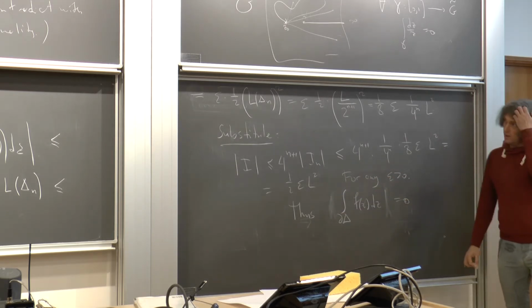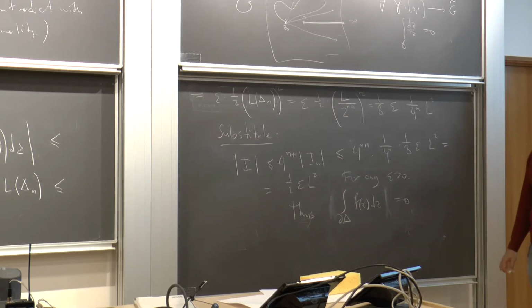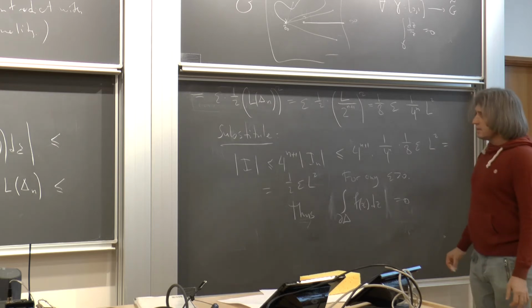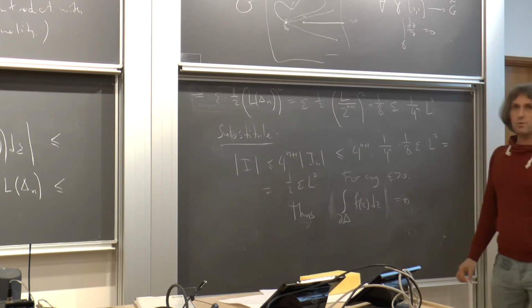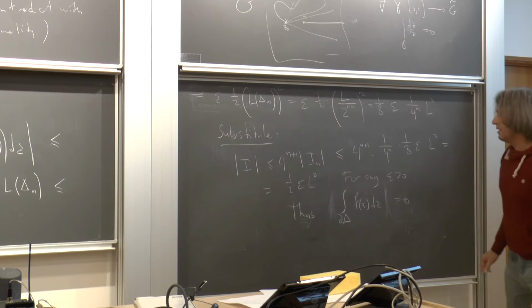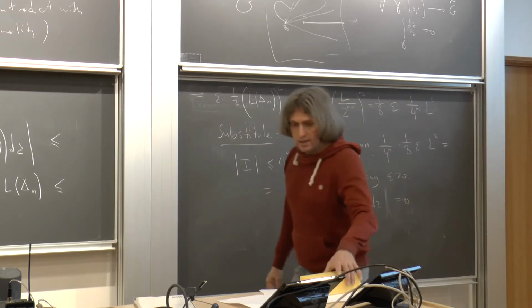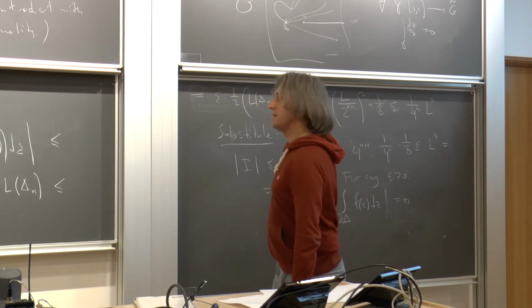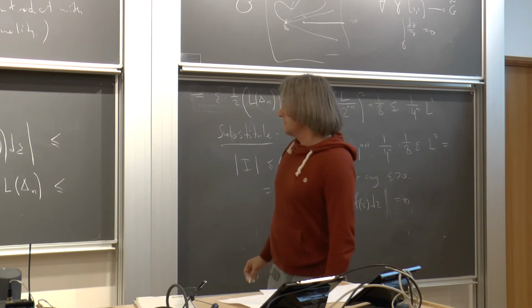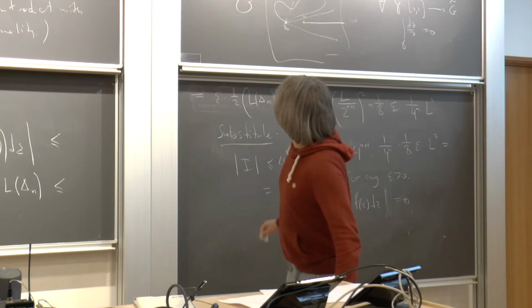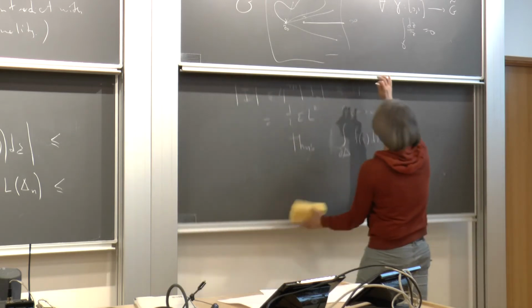Good. So we will keep this in mind, and I'll probably just formulate the actual theorem I was supposed to prove, but the proof will be on Monday. I don't want to hurry.